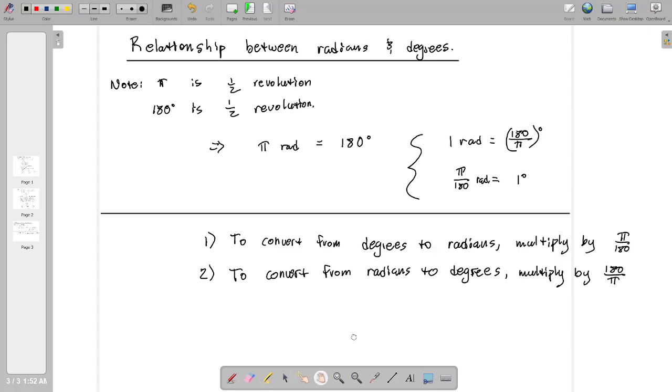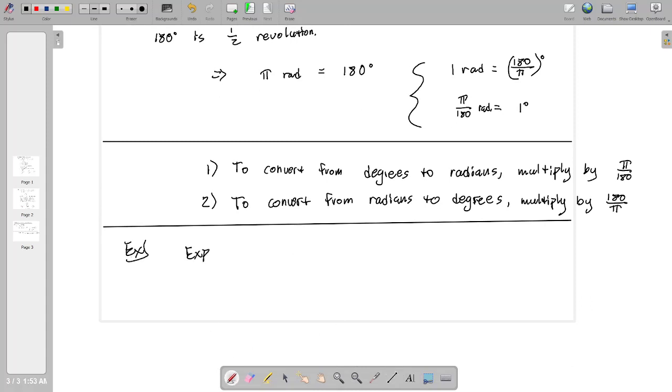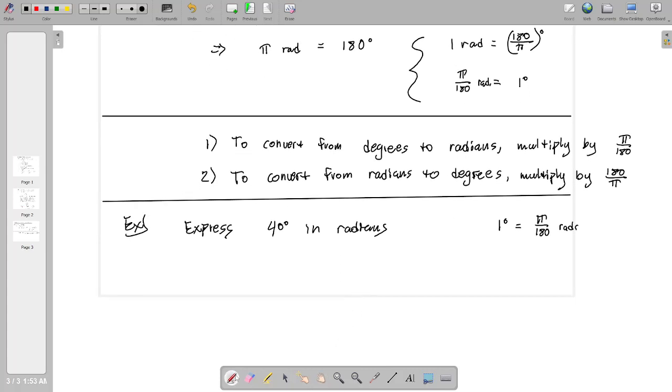Let's do an example to shore up what I was saying. Example here. Express 40 degrees in radians. So again, recall, keep in mind 1 degree is equal to pi divided by 180 radians. I want 40 degrees.